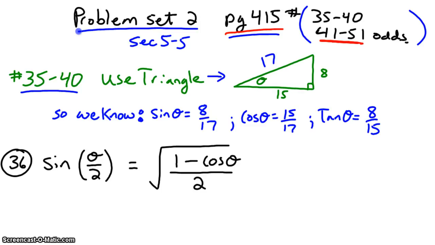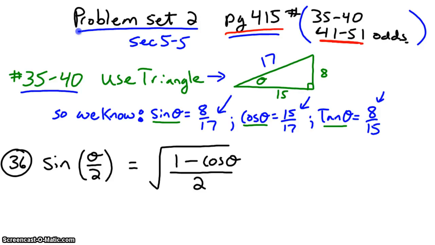I knew this ahead of time because I want to save you a little bit of time here. I have for you the sine, the cosine, and the tangent, so they're all set up for any of these problems: 8 over 17, 15 over 17, and 8 over 15.